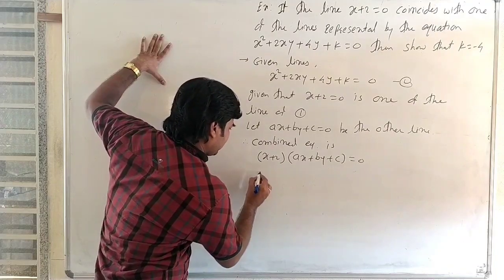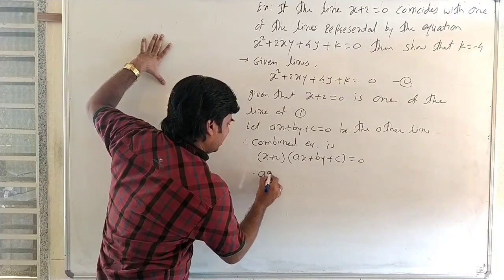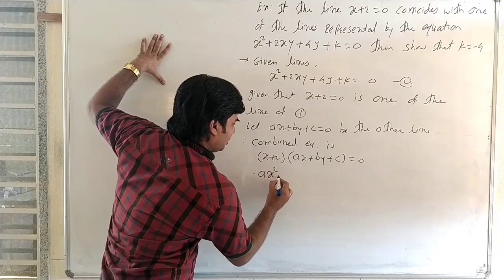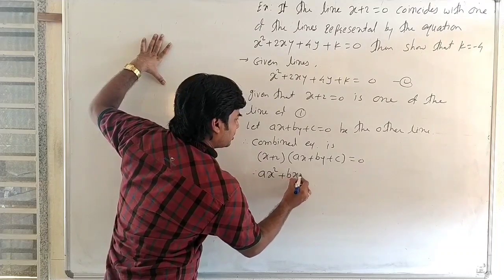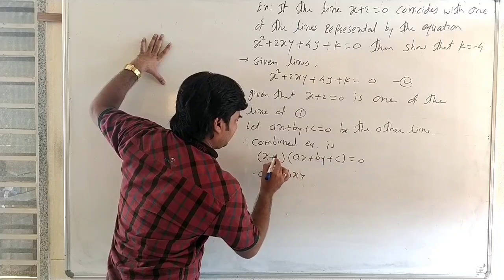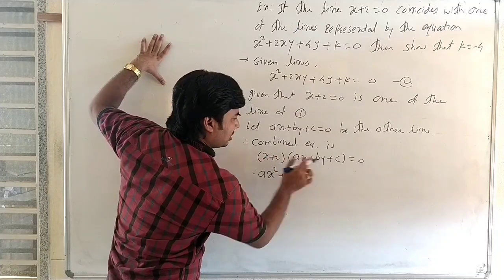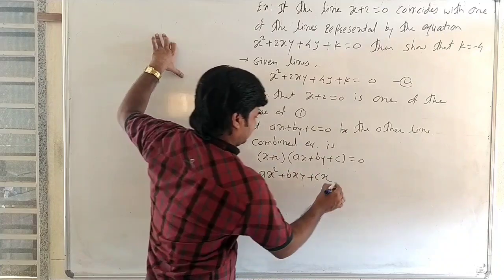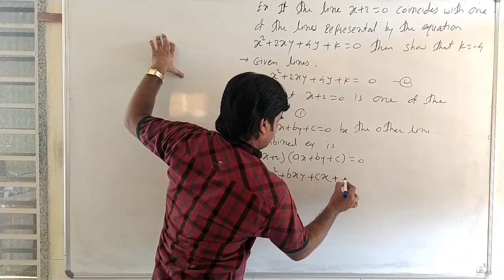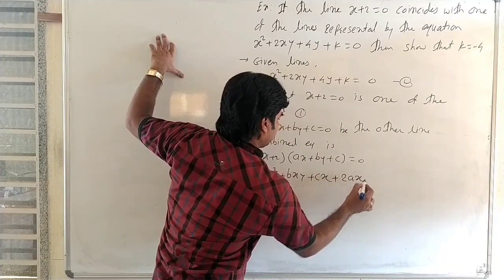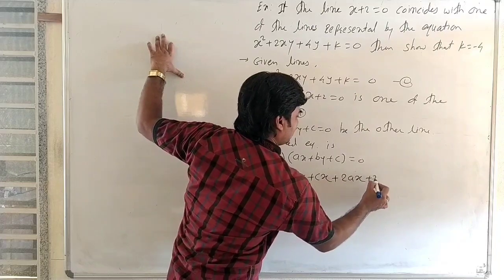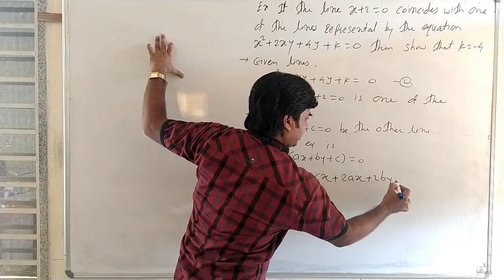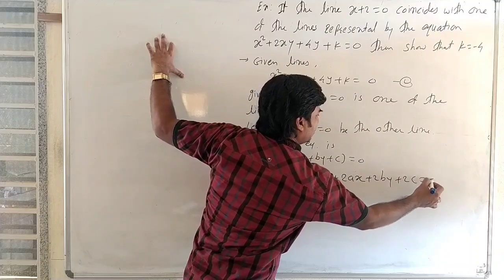It is ax square plus bxy plus cx, then plus 2ax plus 2by and plus 2c is equal to 0.